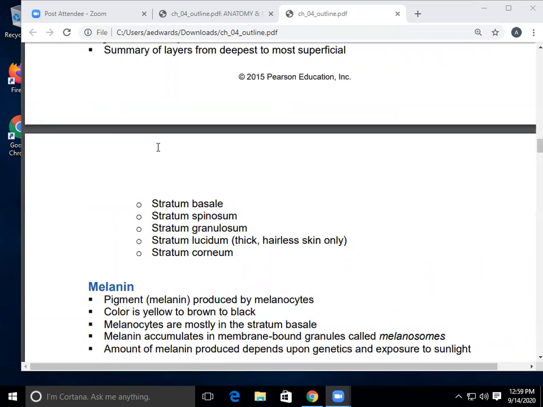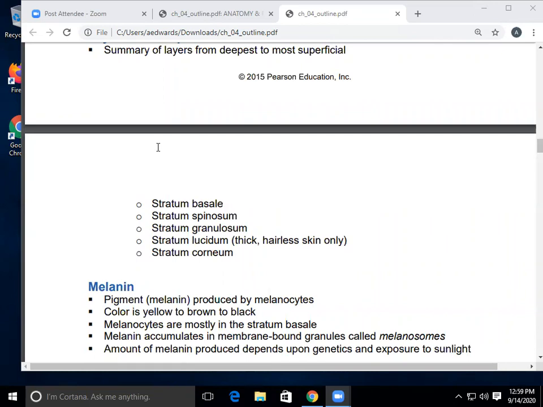So this is how I remember it. It can either be this order or backwards, depending on which one they're asking you for.